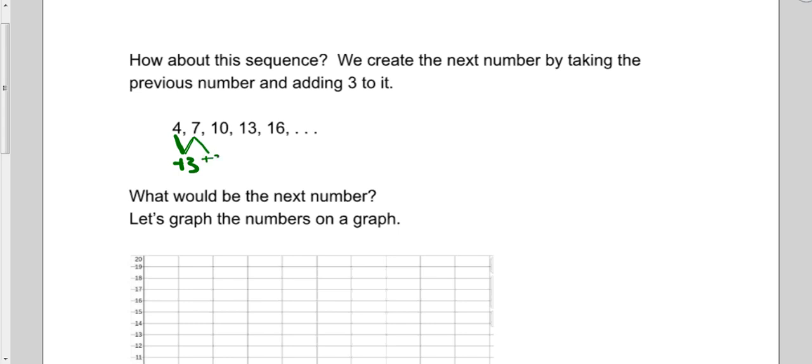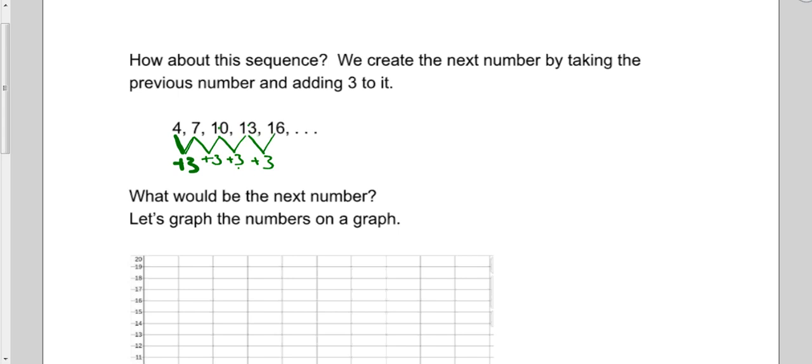I add 3 to it, and that gives me 10. I take 10. I add 3 to it, and I get 13, because 10 plus 3 gets me 13. Then I take 13. I add 3 to it, and that gets me 16.